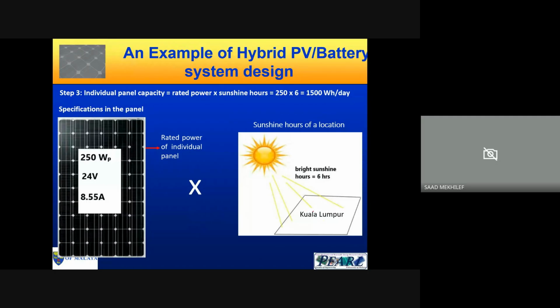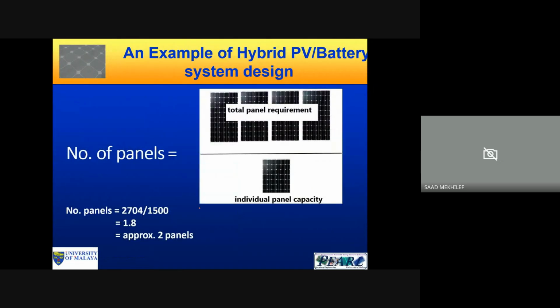And then we assume the location. We have 6. I think we have explained this very clearly now, the difference between sunshine and sun hours. And then we calculate the number of panels, so we got 2 panels required for this load.